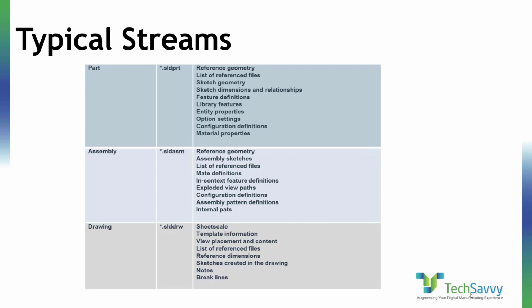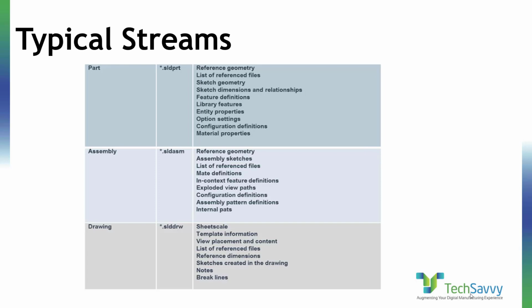So in a part, you will find the reference geometry, files, sketch geometry, dimensions, feature definitions, library entity, option setting, configuration, material. Same in the assembly: reference geometry, assembly sketches, list of reference files, mates, exploded view, configuration, assembly pattern, internal parts.